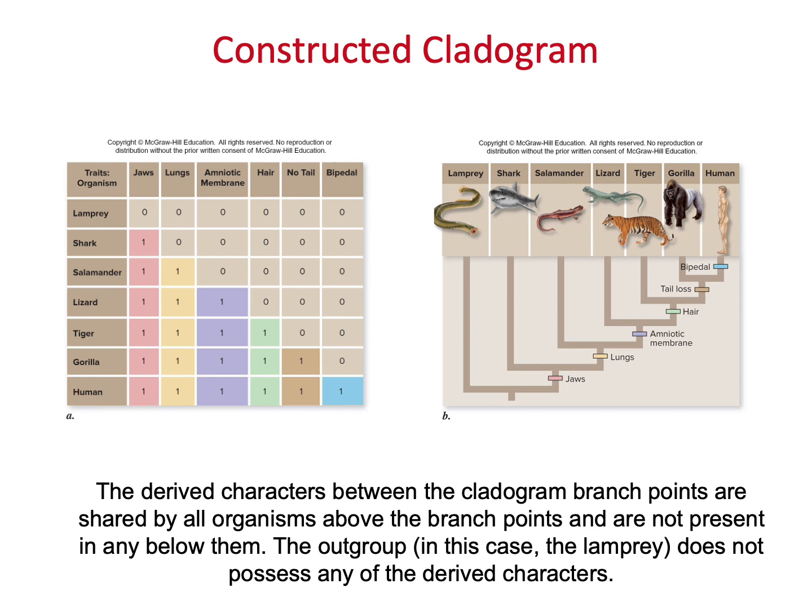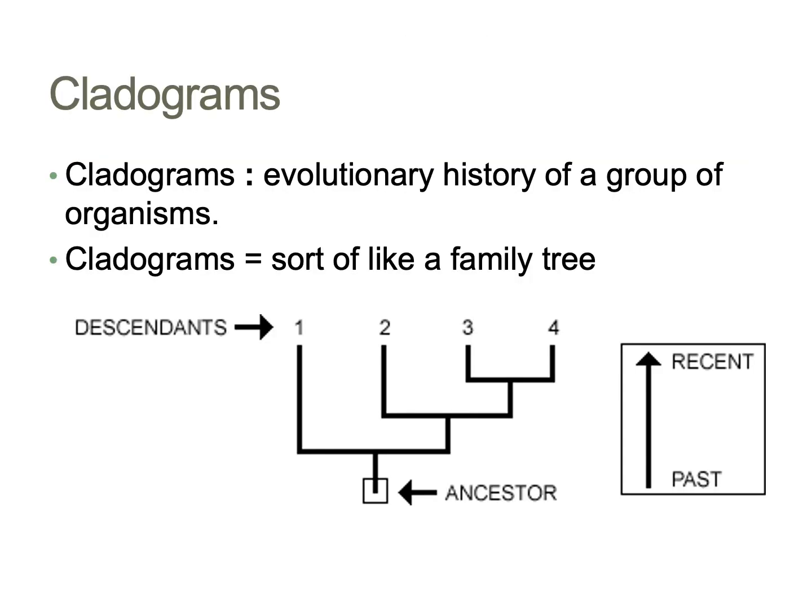The picture to the left is a cladogram. A cladogram is a depiction of a hypothesis of evolutionary relationships. Species that share a common ancestor, with the shared derived characters, are said to belong to a clade. Clades are evolutionary units and refer to a common ancestor and all of its descendants.